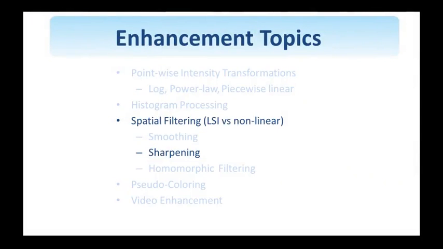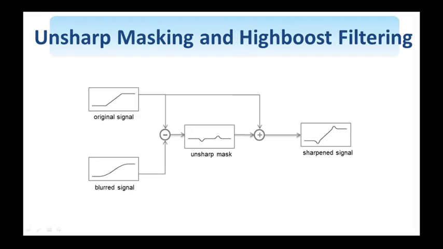We discuss next the use of special filters towards sharpening an image, which results in an enhanced image. This technique has been used for many years by the printing and publishing industry to sharpen images.